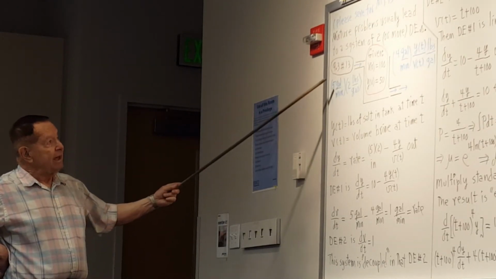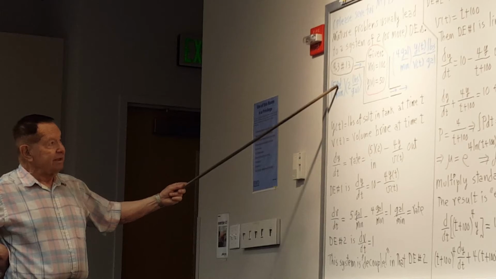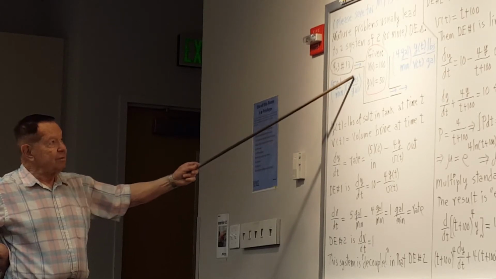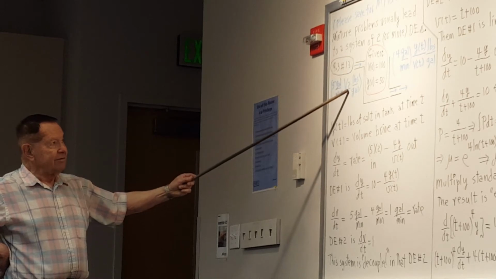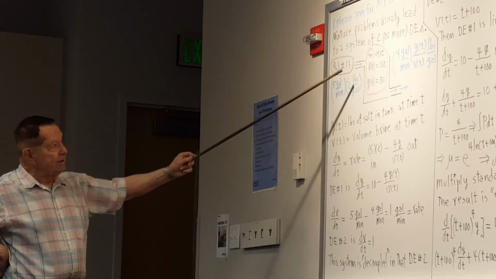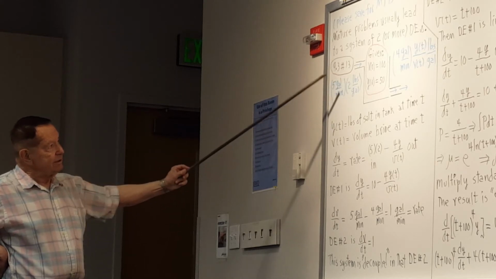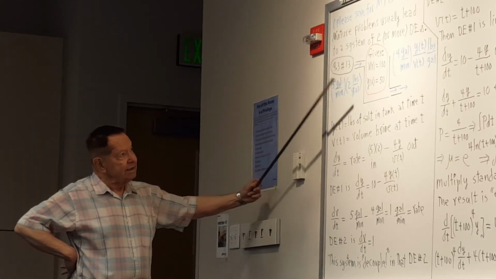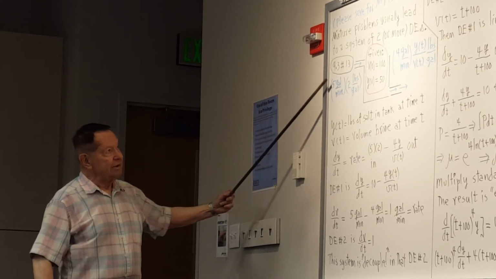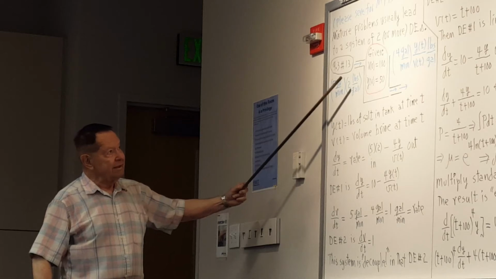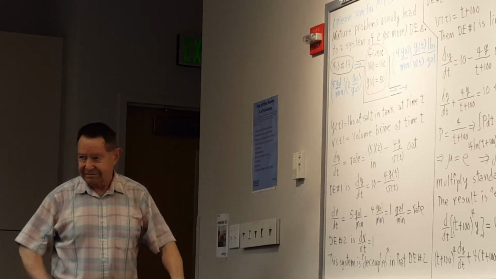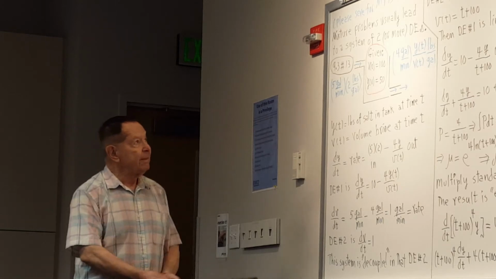So we have 5 gallons a minute of water coming in, and we have 2 pounds per gallon of salt in the water. So this is 10 pounds per minute. You see the gallons cancel as units. So you have brine at 10 pounds per minute of salt being carried in.